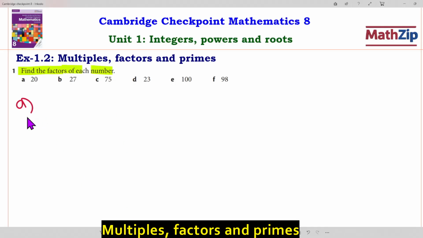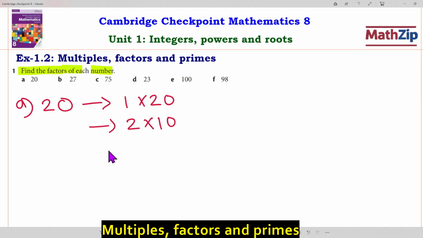A. Here is 20. This 20 we can write 1 times 20. Then we can write 2 times 10. Again 3 is not possible, 4 times 5. Right? So find the factors of each number.